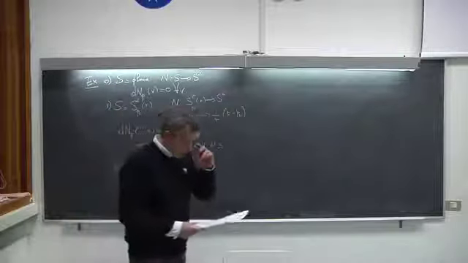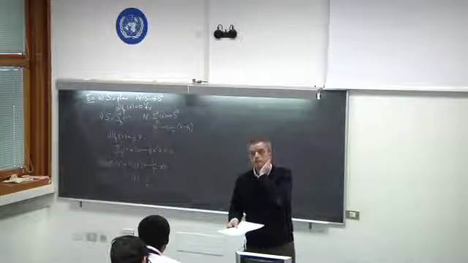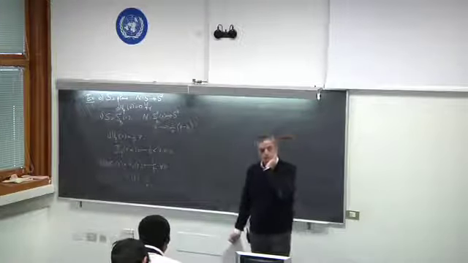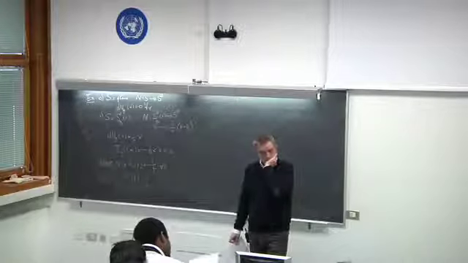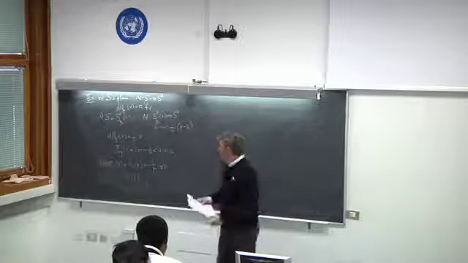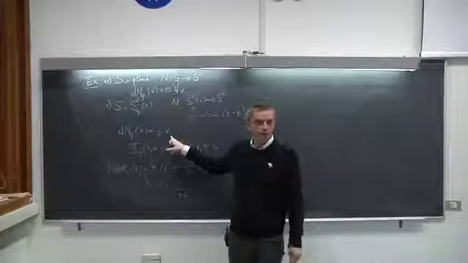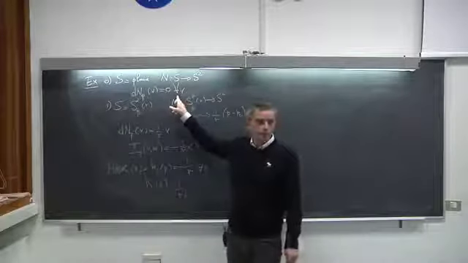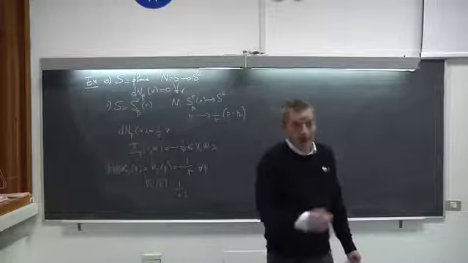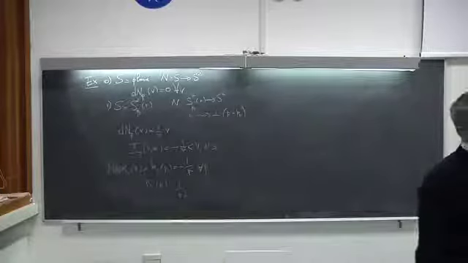And which are the principal directions? You can take any vector. Any vector is an eigenvector. So again, we fall in the same situation as the plane. Any tangent direction is a principal direction, and so any curve is a line of curvature.